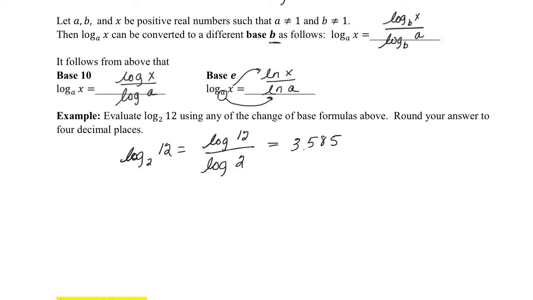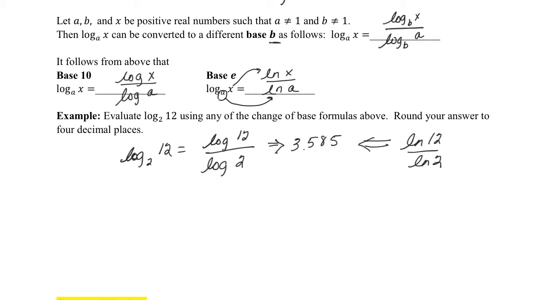Now you don't have to use base 10. I could have just as easily done ln of 12 divided by the ln of 2. Type that into your calculator, you get the same answer. So whether you use ln or log base 10, you'll get the same answer, and both of those represent the log base 2 of 12.